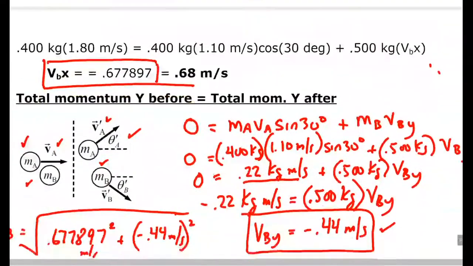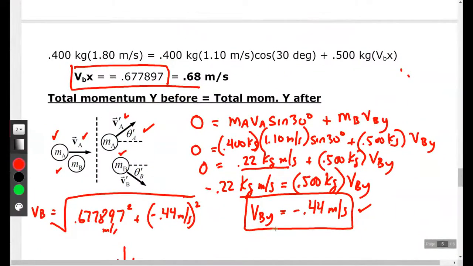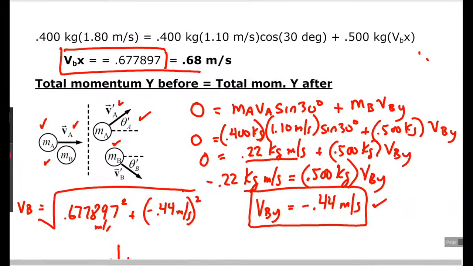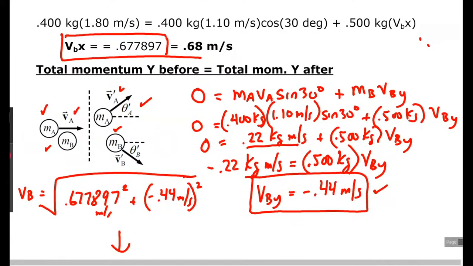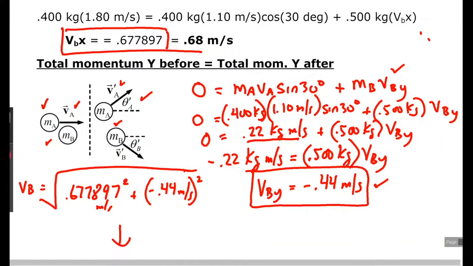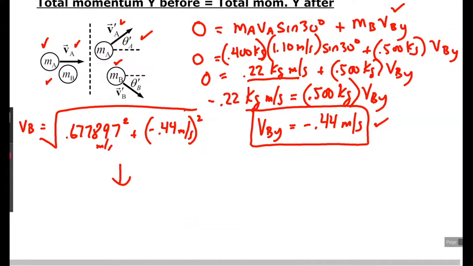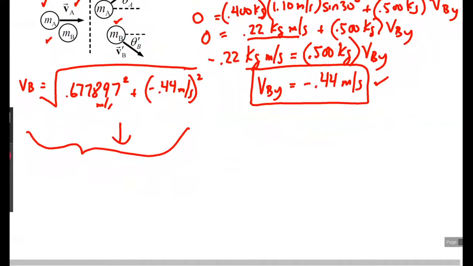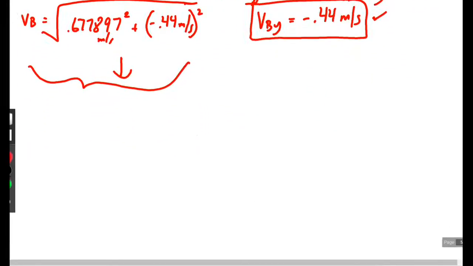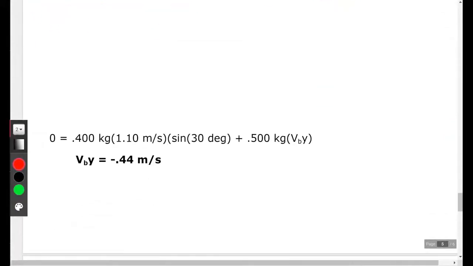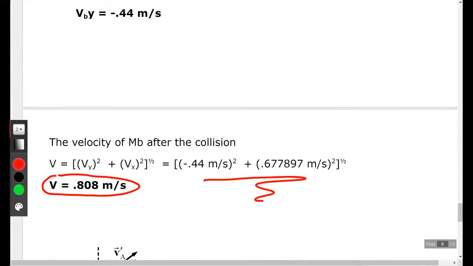How do I get the VBY? Well, total y momentum before is 0. There is no y momentum before. I use trig to get the y momentum of A. I use sine. And MB VBY, this is what I want to find. And you get negative 0.44 meters per second. I use the Pythagorean theorem to take the square root of the squares, and here it is cleaned up.